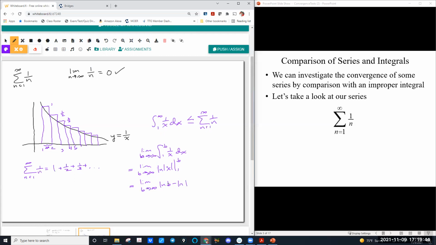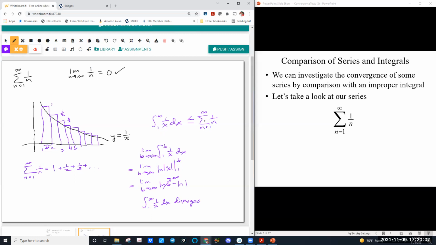Natural log is an increasing function. It does increase slowly, but if you keep putting larger values in, you'll keep getting larger values out. So this goes to infinity. So we know that this improper integral diverges.